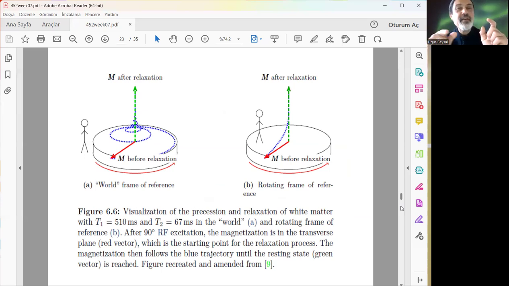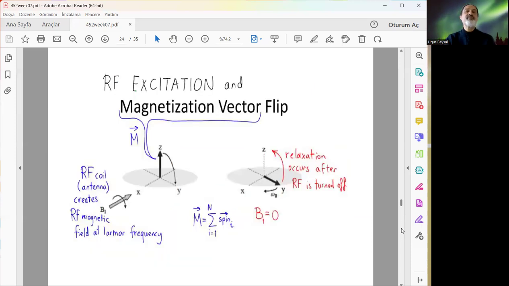If you look at the same waveform or magnetic field vectors B0 and M inside the rotating environment, then you see only the magnetization vector M flipping and then returning back. Okay, so that's about the issue of the rotating frame of reference.